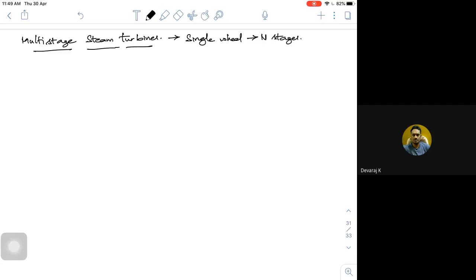That means a single shaft with n number of stages. Okay. So here the most important thing you have to consider first is the velocity of the steam entering the first stage.